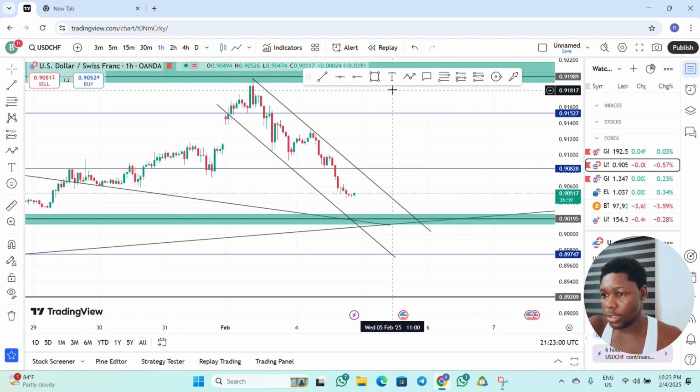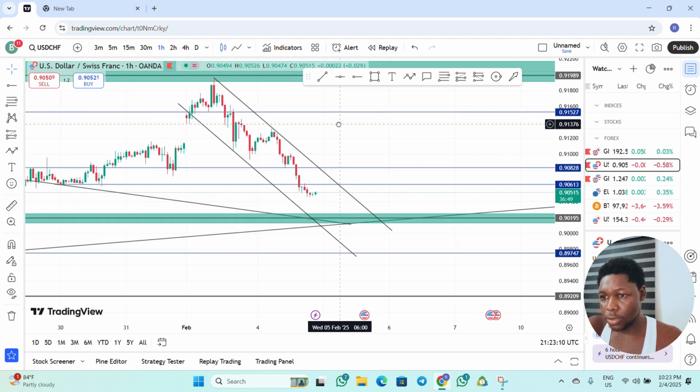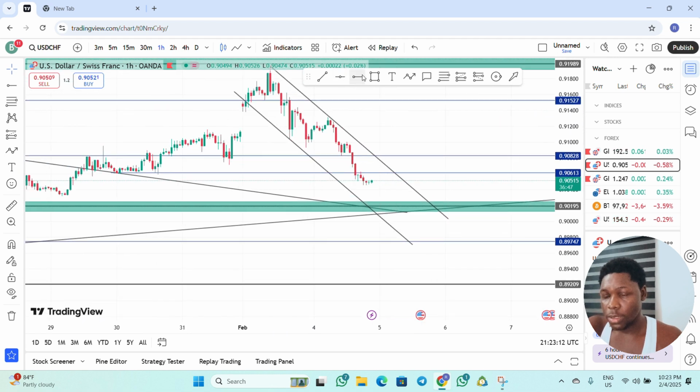So let's say, if the market gives us, okay, we have this here. If you want to get a sharp movement, a fast entry, let's look for this.